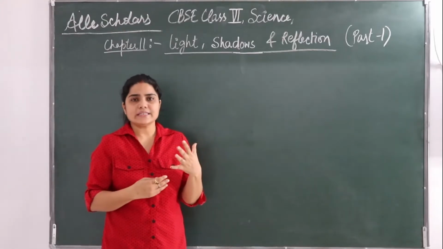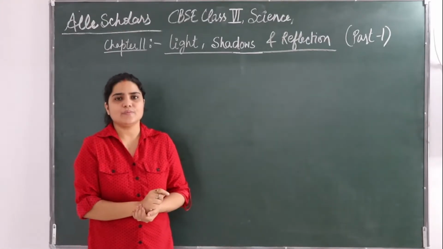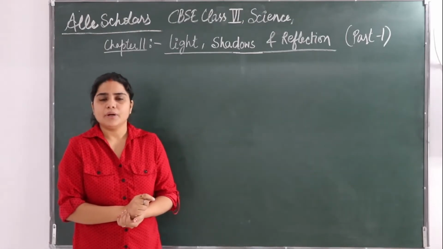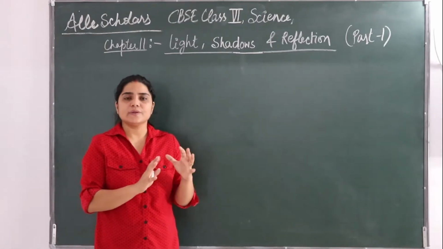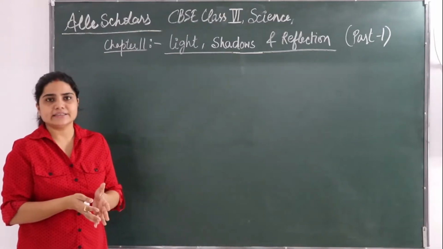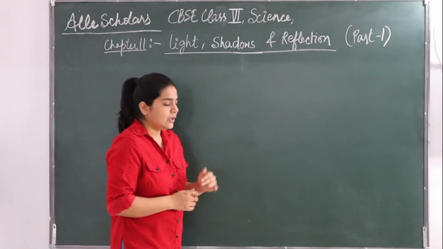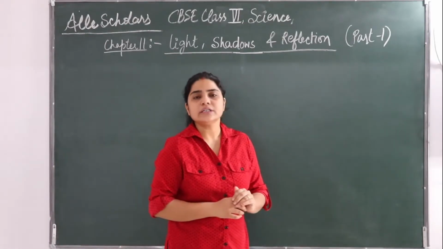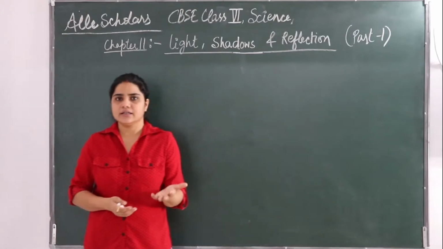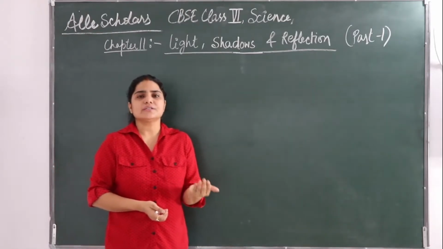So you can see objects around you only when there is some brightness, some kind of light. If it is totally dark, without light, you cannot see things. If you go in a dark room, you cannot see.